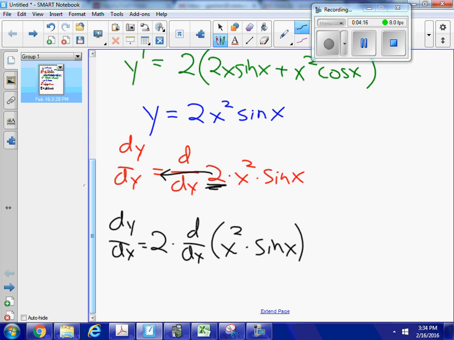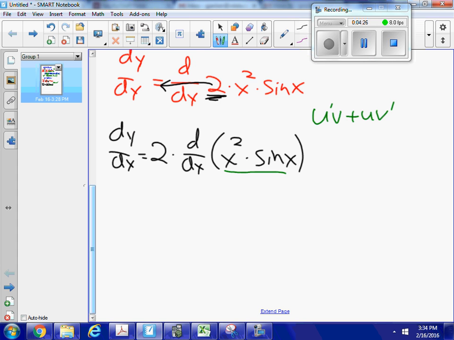Now I still have a product right here, but instead of doing u'vz, I can just do u'v plus uv'. So I have 2 times, well, again, u prime is 2x times sine x, plus u, which is x squared, times the derivative of sine x, which is cosine x.